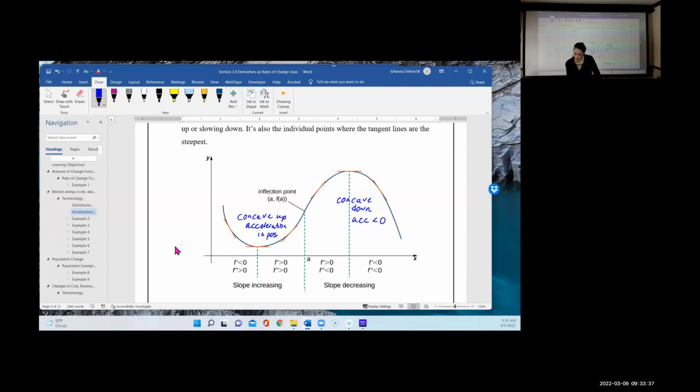Because if it's positive here and negative here, and it's a continuous function, by the intermediate value theorem, what do you know it has to do? Somewhere in between, the acceleration has to be 0, right? So that's the intermediate value theorem. And right here at the inflection point, the acceleration is 0.